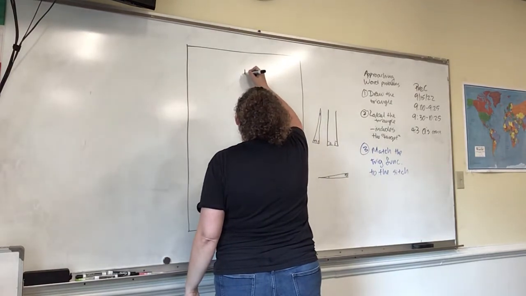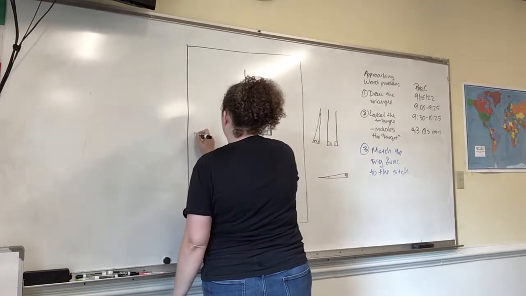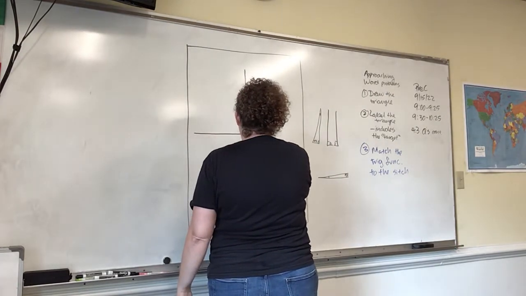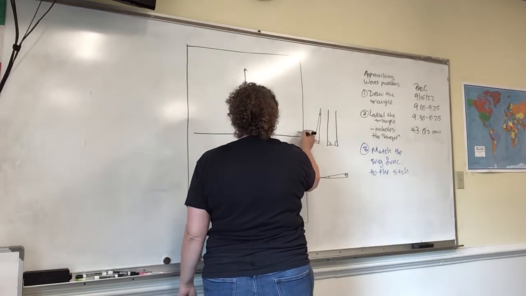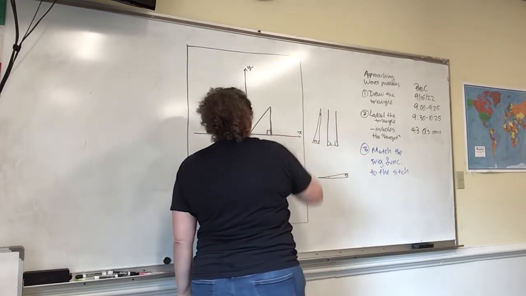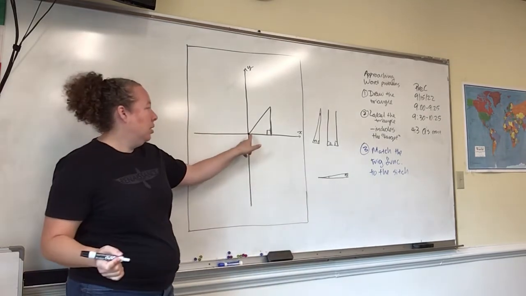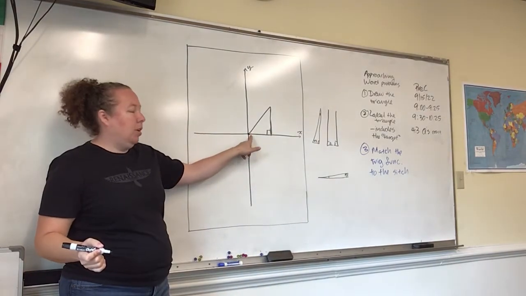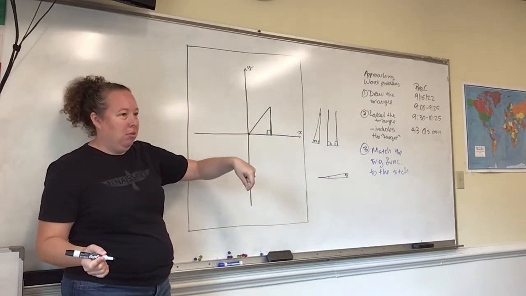So actually, the first thing that we're going to do, how we're going to help the triangle to break out of its 0 to 90 degree prison, is we are going to place it specifically at the origin. In order to set it free, first it has to go home.